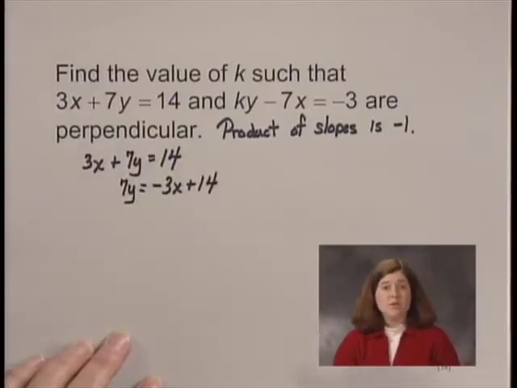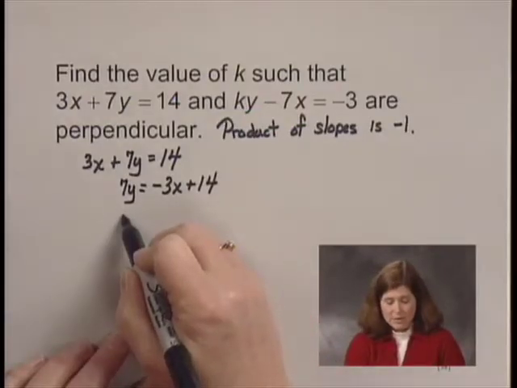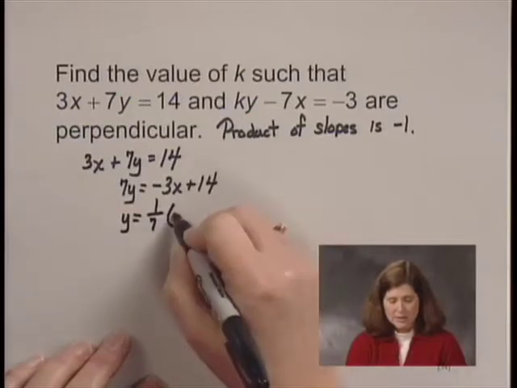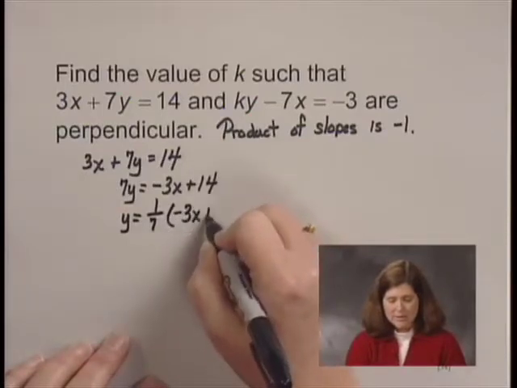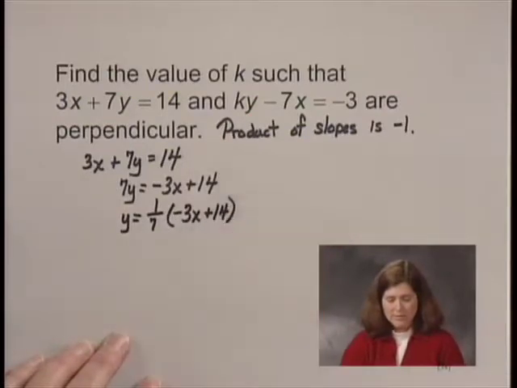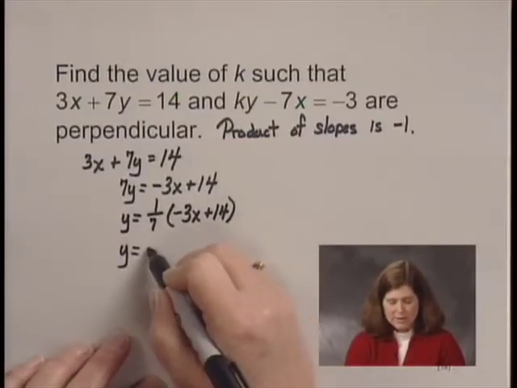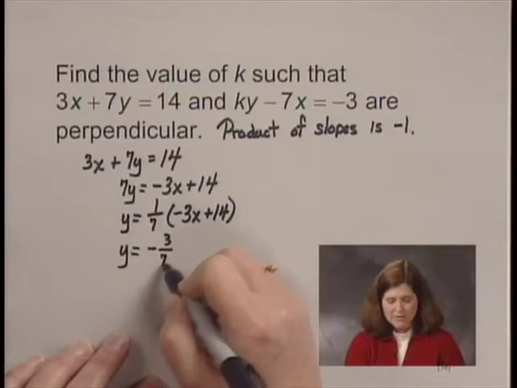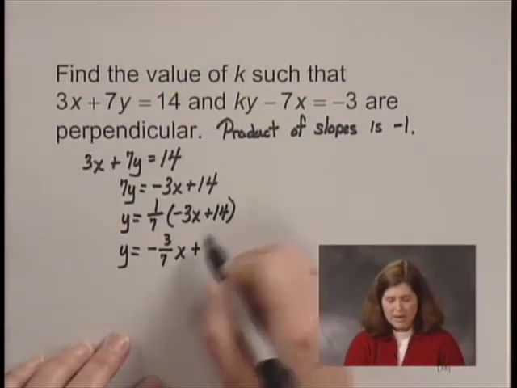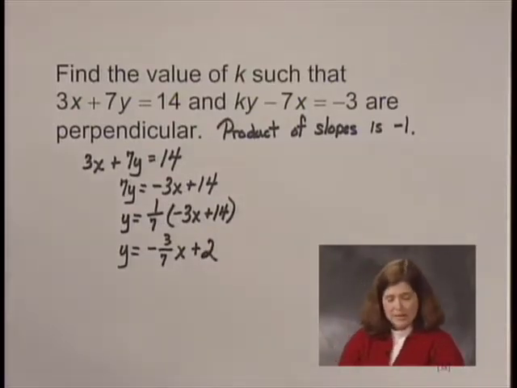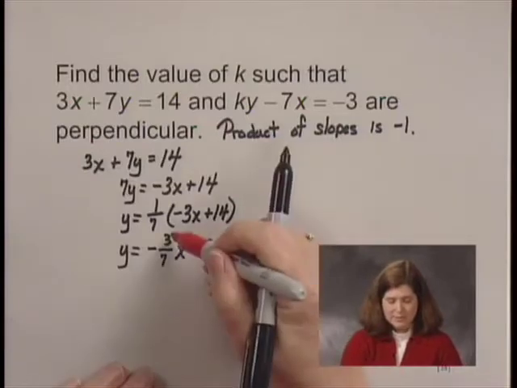And then we'll multiply by 1/7 on both sides. y equals 1/7 times negative 3x plus 14. And multiplying through by 1/7, we have y equals negative 3/7 x plus 1/7 times 14, which is 2. So the slope of this line is negative 3/7.